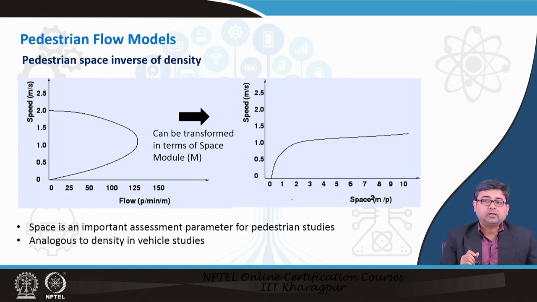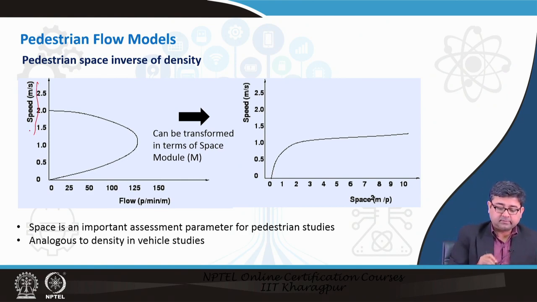Then similarly, the third kind of macroscopic model that we have seen is for vehicles. What we had seen is for speed and flow.